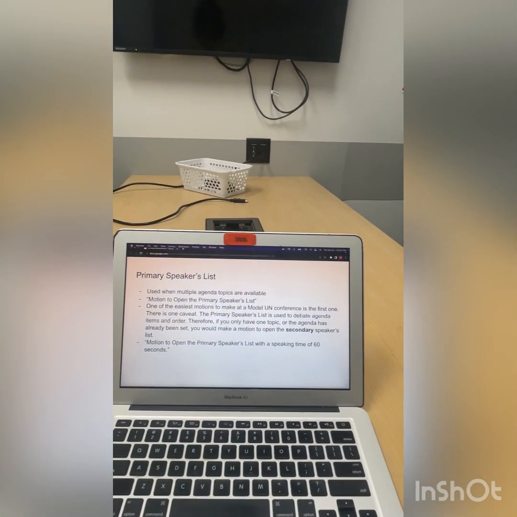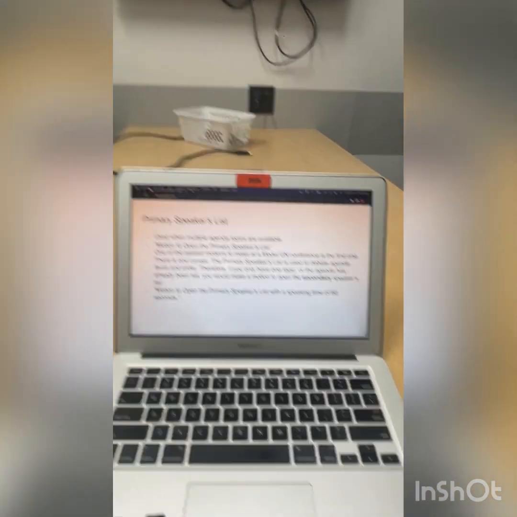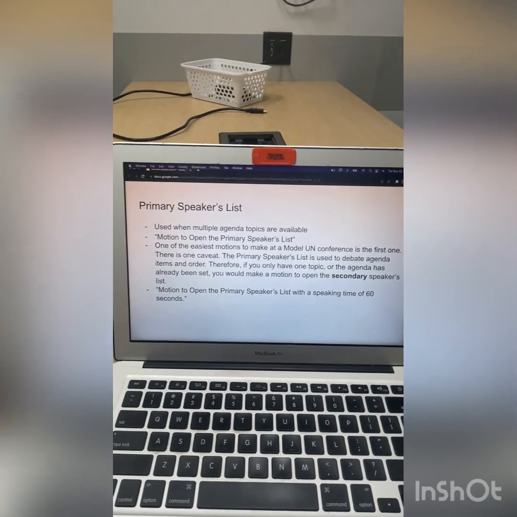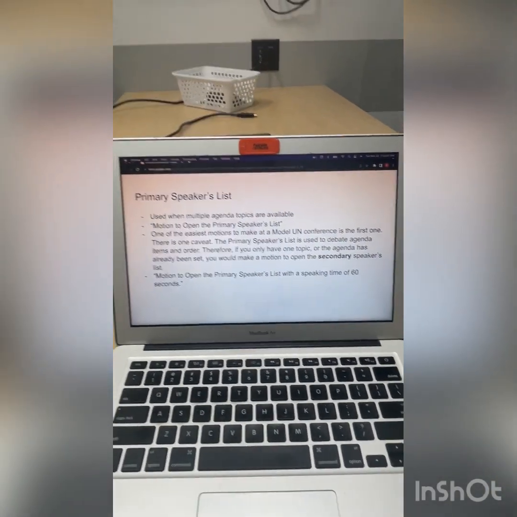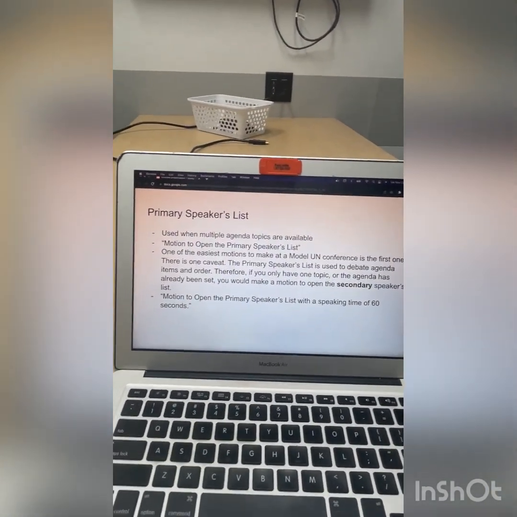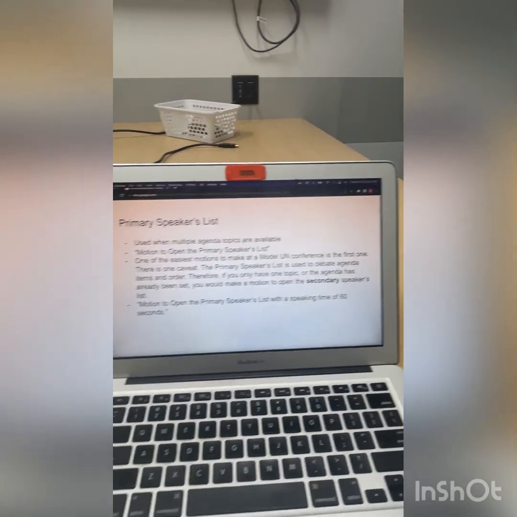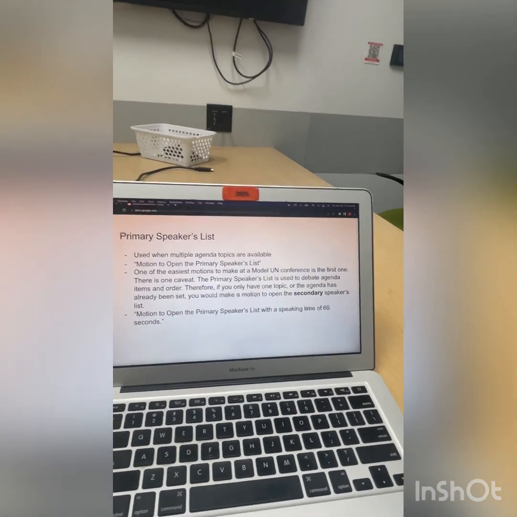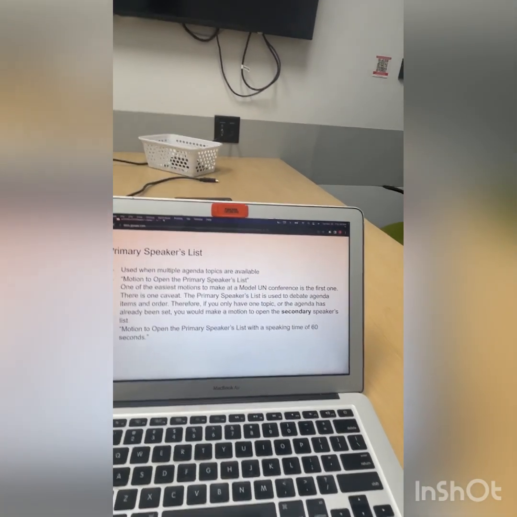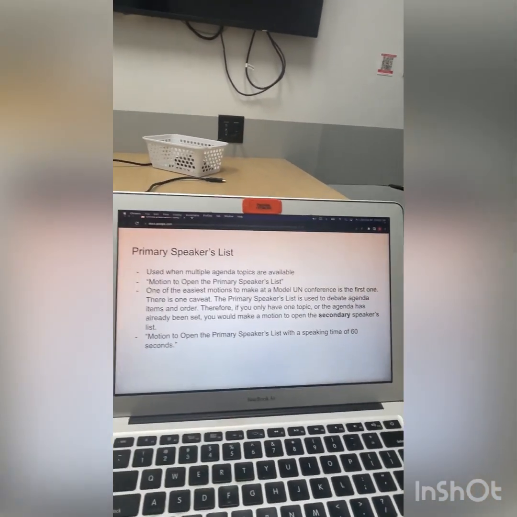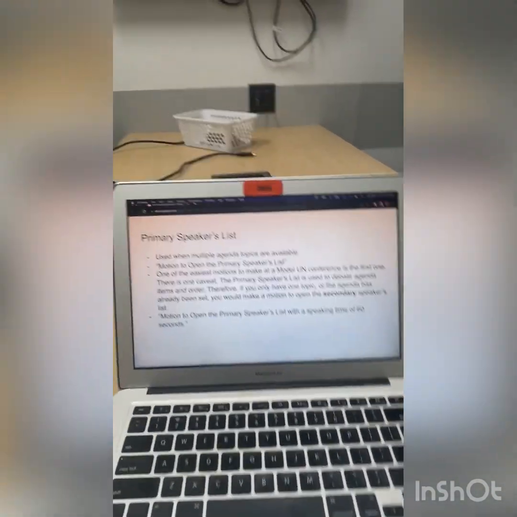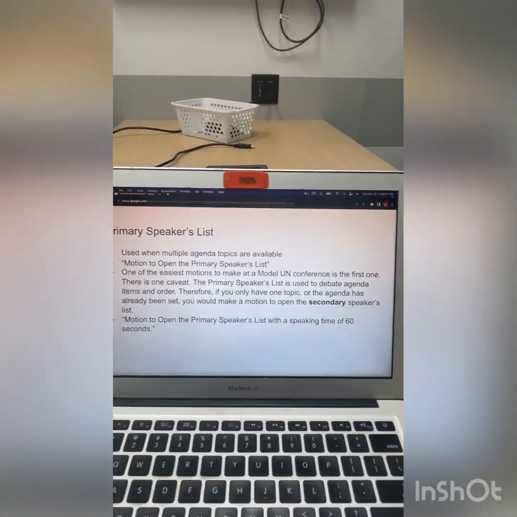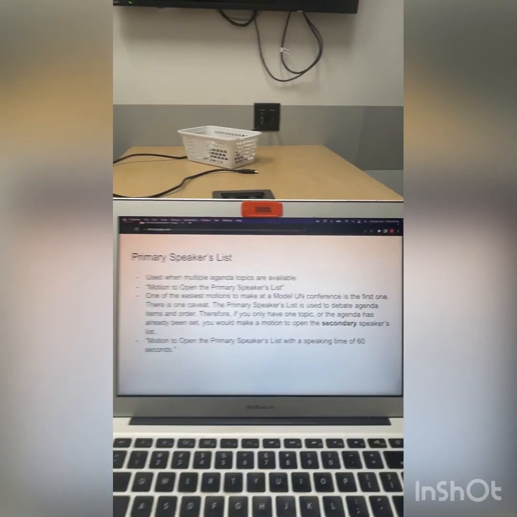It's one of the first ones, but there is one caveat. If you have only one agenda topic, say you're only debating climate change, and that is the only topic of the entire Model UN, which sometimes is the case because it's much easier, and you have a more likely chance to get somewhere.